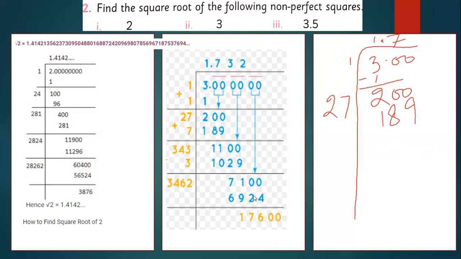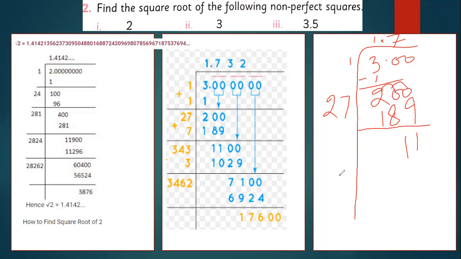Just subtract. So one will carry there, and when it reaches here, this becomes 10. 10 minus 9 is 1. Here we will have 9. 9 minus 8 is 1 again, and there is 1, so it is 11 now.